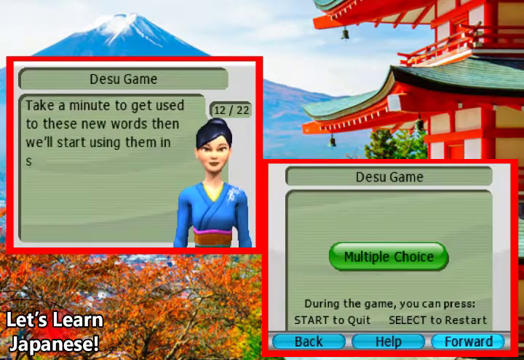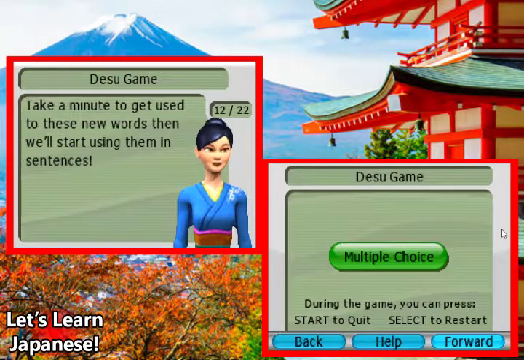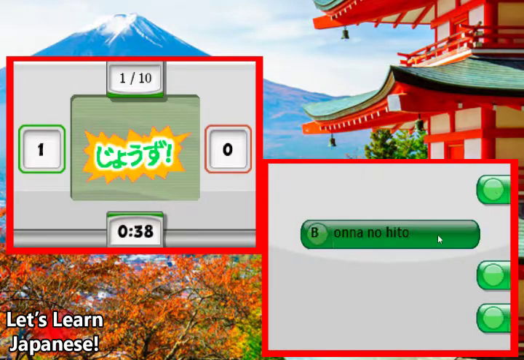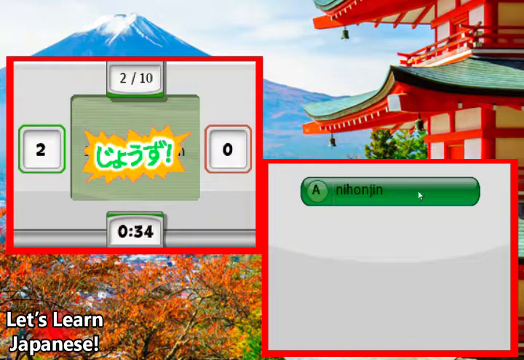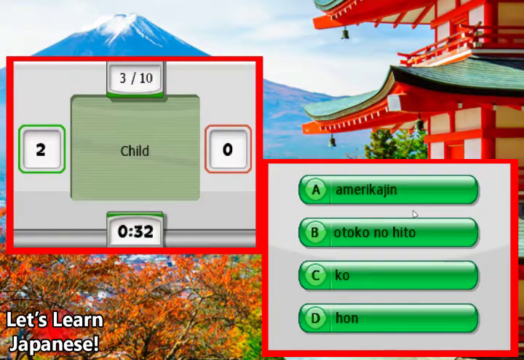Okay, let's play some multiple choice. This is the first time that we're actually going to be doing a vocab game, learning new words. So, woman, onna no hito, 女の人、 Nihonjin, 日本人、 I'm covering up the bottom screen. Child is ko, 子、 like only moving my hand.